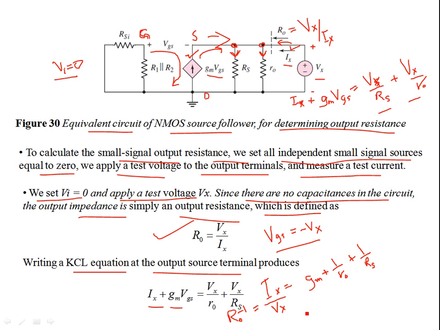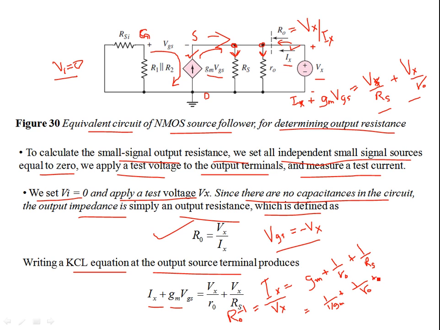So you see, what you can do is you can write this as 1 divided by Gm, plus the same terms, plus 1 over R naught plus 1 over Rs.